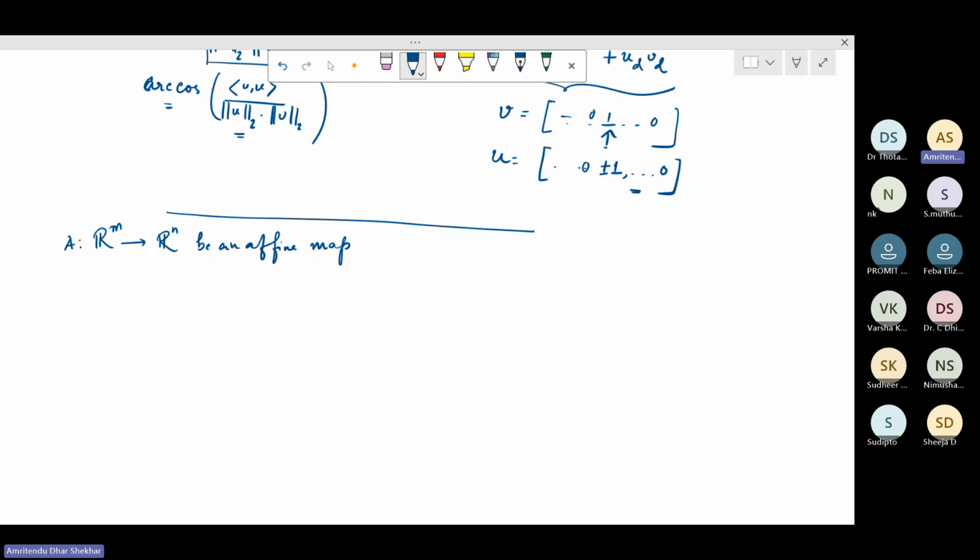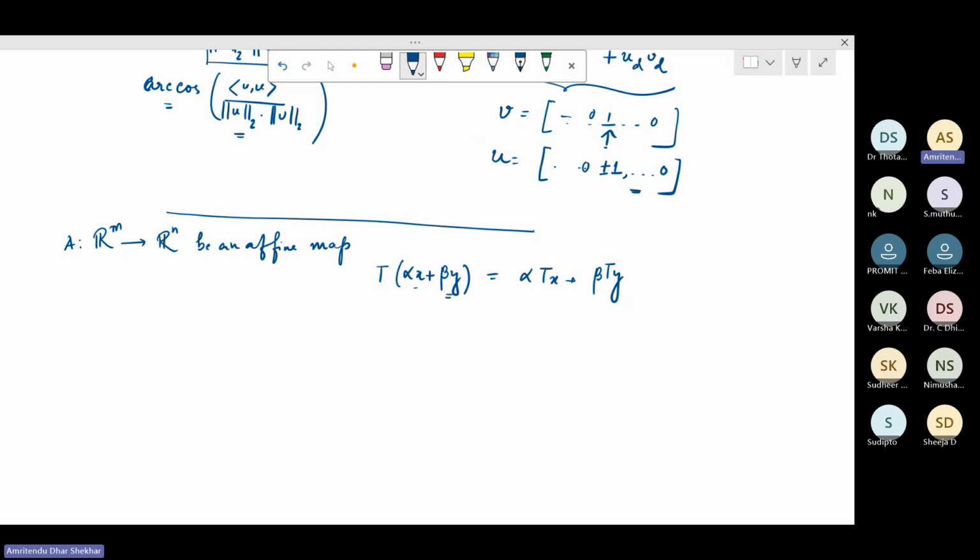What does a linear map satisfy? If T is a linear map, then T of alpha x plus beta y is equal to alpha times T of x plus beta times T of y. So a linear map distributes over linear combinations. An affine map distributes over affine combinations.